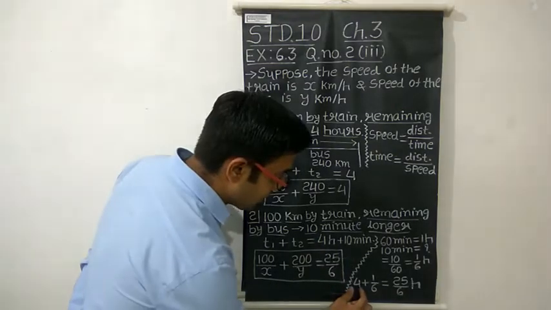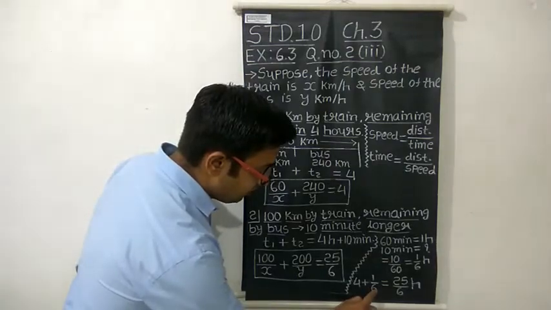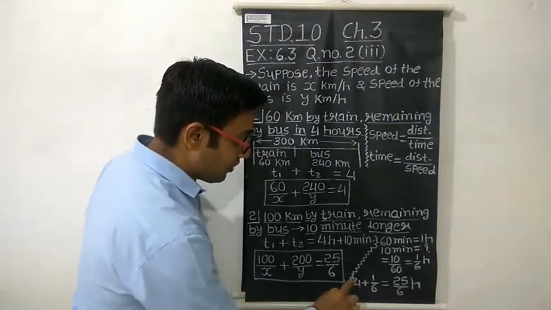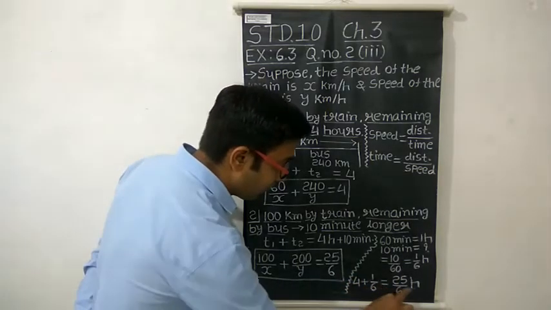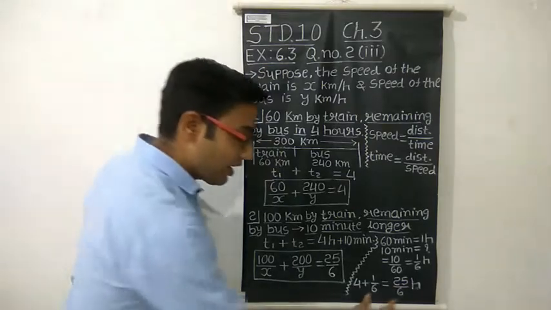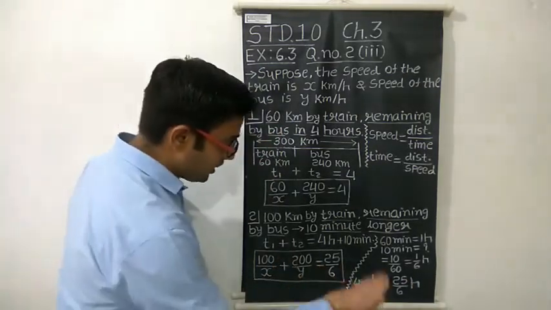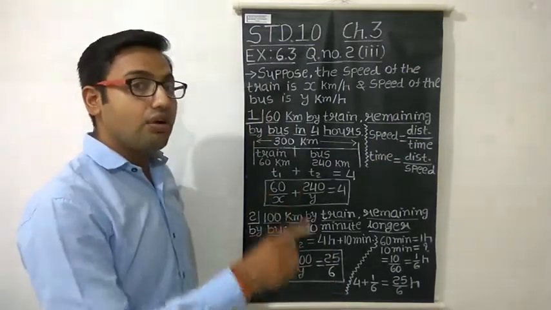So the total timing is 4 hours plus 1 upon 6 hour. 6 is the LCM, so we have to multiply 4 with 6. So we get 6 4s are 24 plus 1 divided by 6, and that is 25 upon 6 hours. And that timing is written here. Again, on both sides, these are the timings in hours.